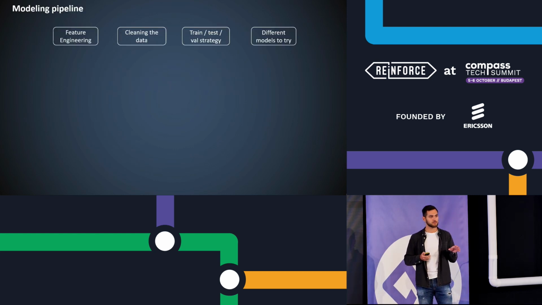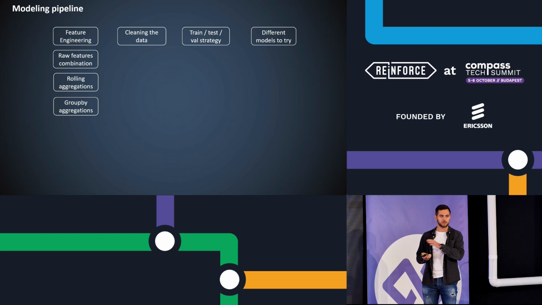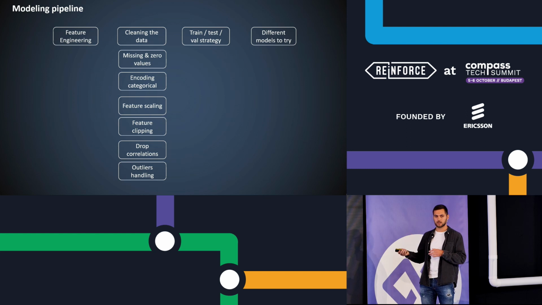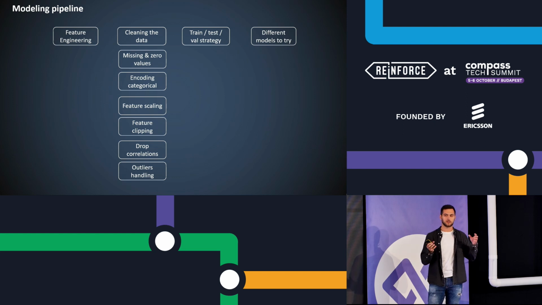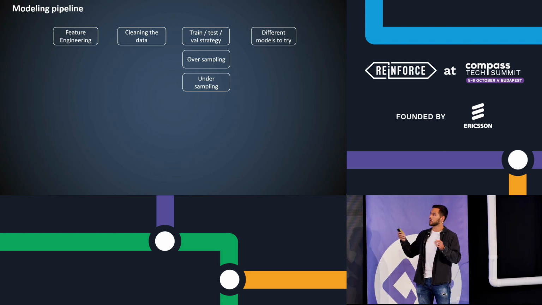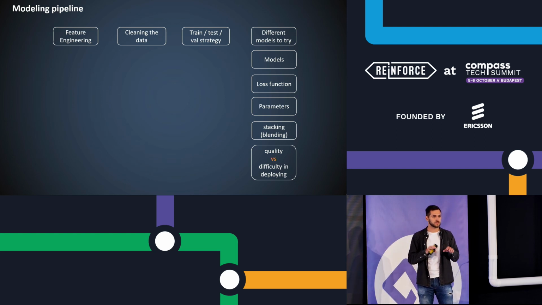Many steps would be the same, like feature engineering, when we have some raw features, combinations, aggregations, group by things; cleaning the data, again missing values, encoding categorical features, feature scaling, feature dropping, dropping correlations, outlier detection, some range, for example, the age couldn't be higher than, let's say, 150, right? Then we have train test methodology, train test validation in order to not overfit, undersampling, oversampling. Many of these things could be standardized because everyone does the same things. Maybe I write it by hand, but another colleague does the same.